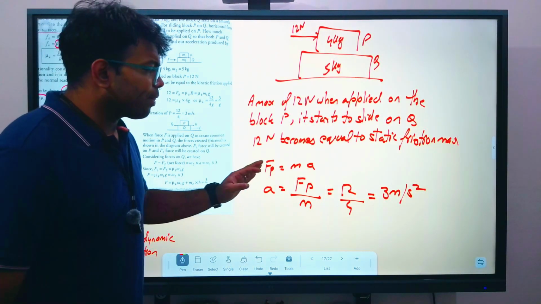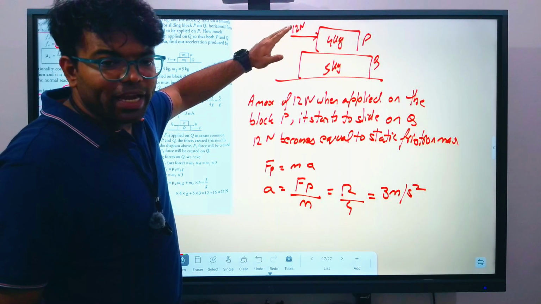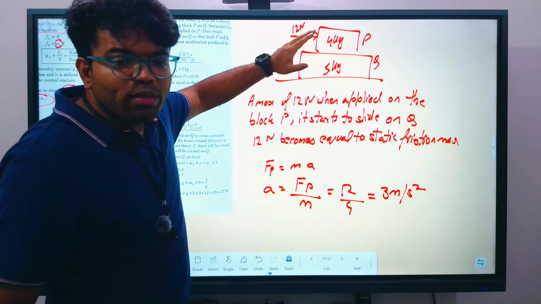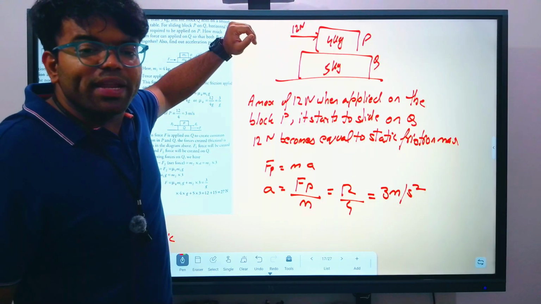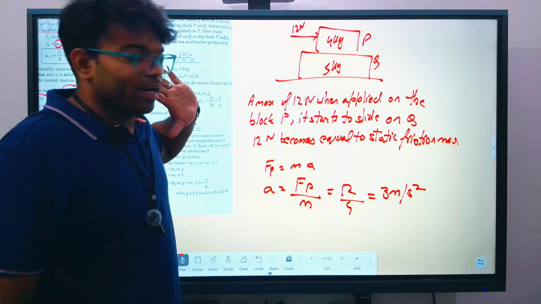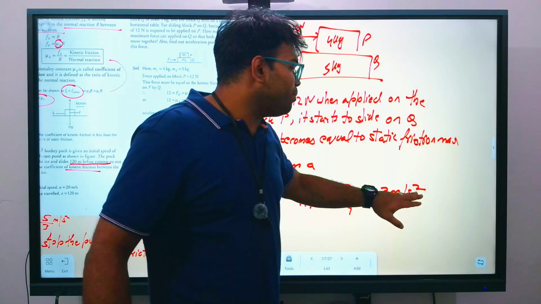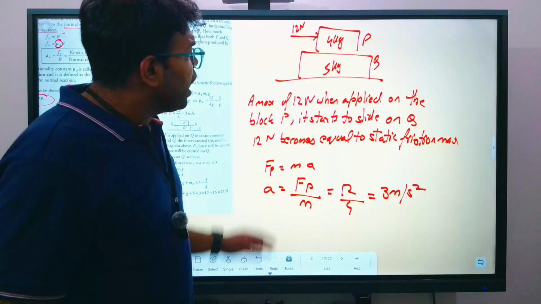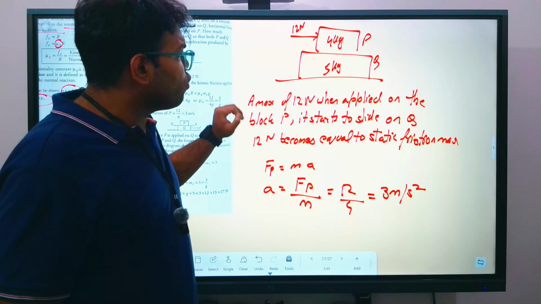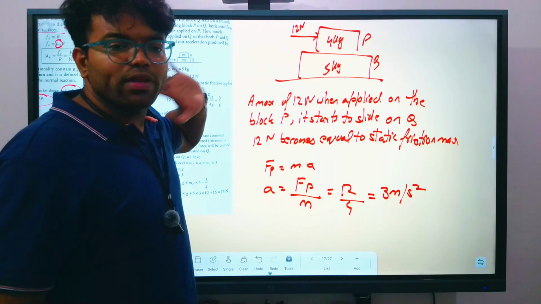Now, if you keep on applying 12 newtons, the block will simply just start to slide. So if you are putting an acceleration of a equal to 3 meters per second squared onto the block P, what will end up happening?